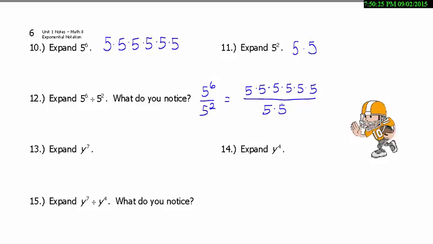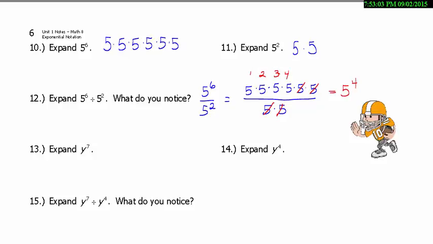Since we have 5s in the top and 5s in the bottom, they cancel out because 5 divided by 5 is 1, right? So we have a cancellation here and here. Now anything times 1 is itself. So in this case we should get 5 to the 4th because we have 1, 2, 3, and 4. We have 4 5s, so 5 to the 4th.